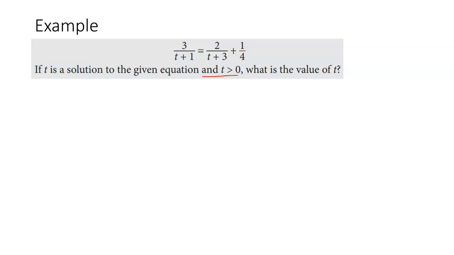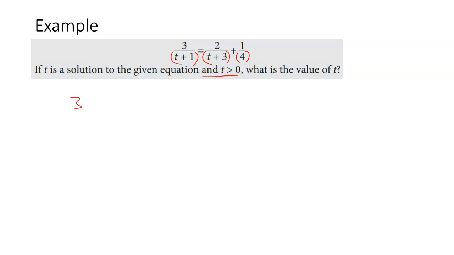Now, in order to solve, I have variables in my denominator, which makes it really difficult to solve. So I need to get rid of my denominators. How do I get rid of fractions? I'm going to multiply by our least common denominator, which in this case is t plus 1, t plus 3, and 4. All that together is our least common denominator. So that entire expression, we're going to multiply everything by all three of those. Okay?